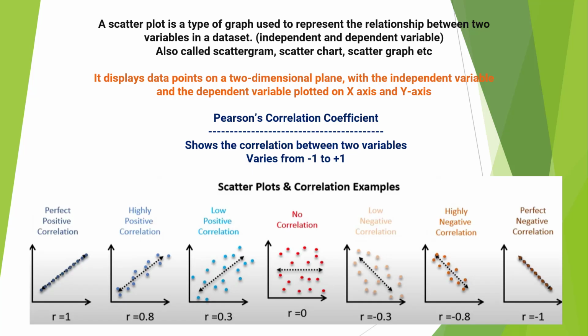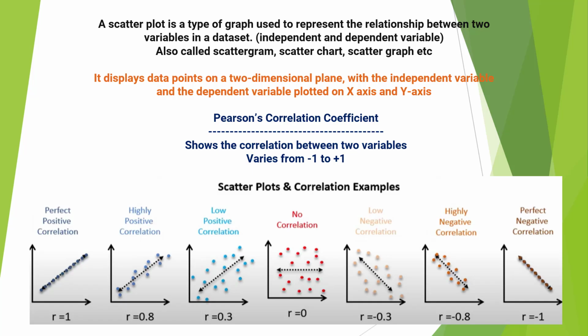In the negative correlation, you can see that the straight line has a negative slope, and that is why R is equal to -0.3 is a low negative correlation. R is equal to -0.8 is highly negative correlation, and R is equal to -1 is perfect negative correlation.